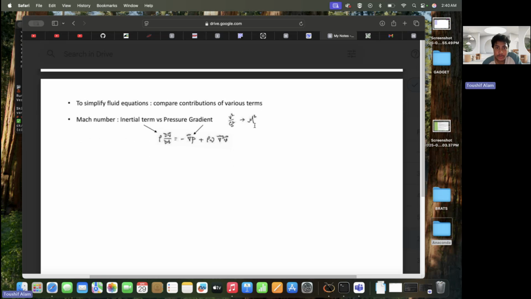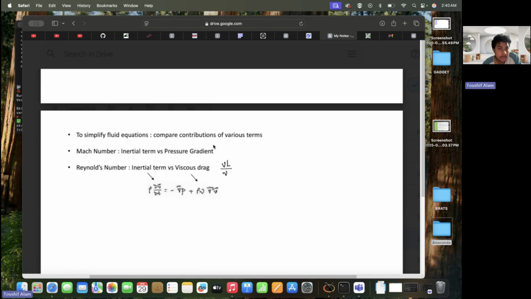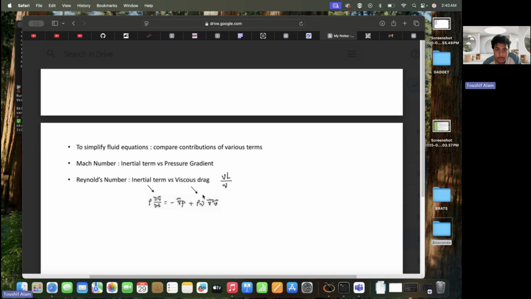So V by Cs, V the velocity, Cs the sound speed, is denoted by M. If we square both sides, you get V squared by C squared equals M squared. The inertial term is rho dV/dt, the pressure gradient is minus grad p, and this is the del squared V term with rho nu, right?